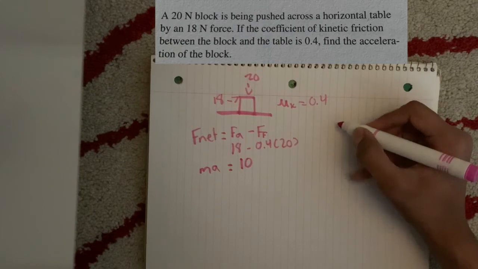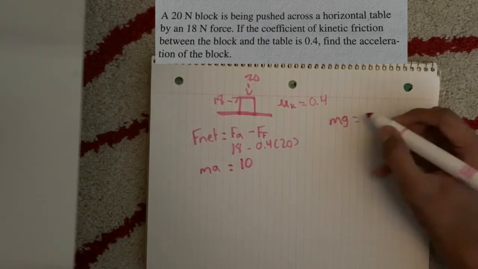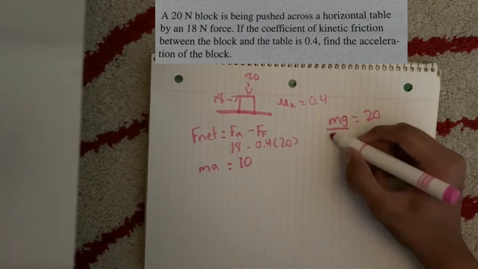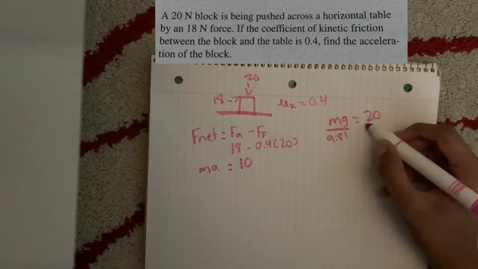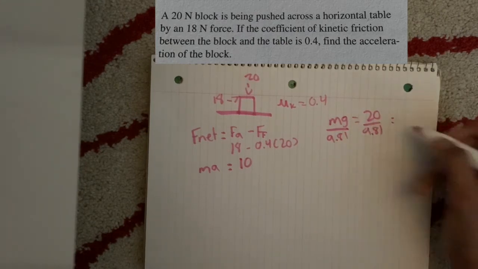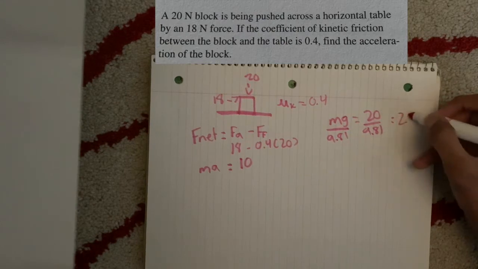And in order to get the mass, we just use the fact that the weight is 20, and we just divide both sides by 9.81. We get about 2.04 kilograms.